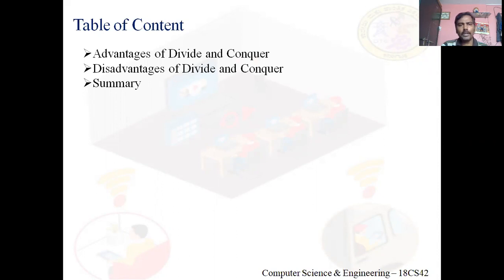Also, prior to that, you had solutions based on the brute force strategy for similar problems. Now, you might have wondered about the advantages of divide and conquer when compared to the brute force approach. So let me view those advantages.